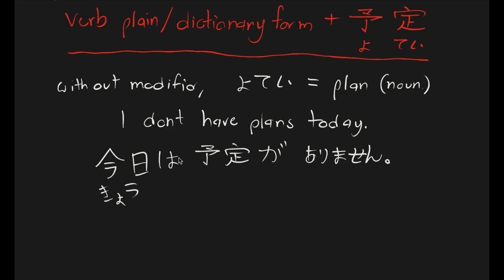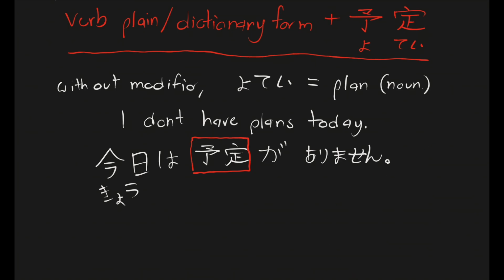That is when you're using yote here as a noun. So when you're using it as a way of sending an intention, it's at the end, sometimes with an ending, and we'll go over some example sentences that aren't a noun.